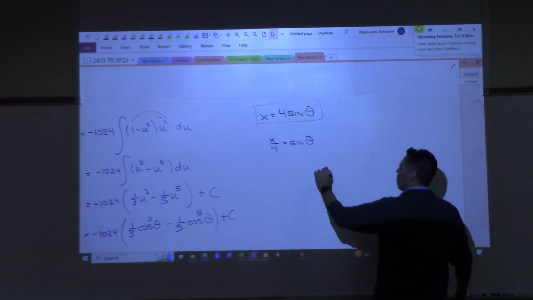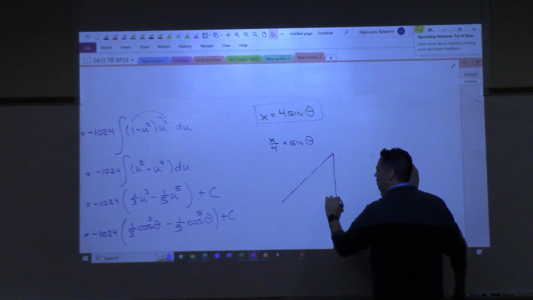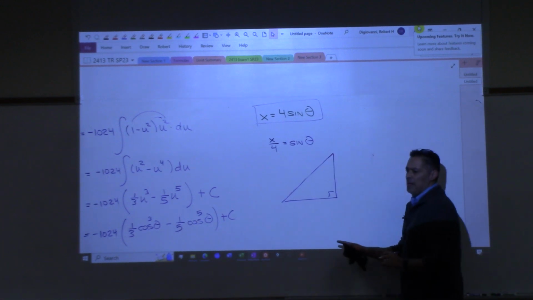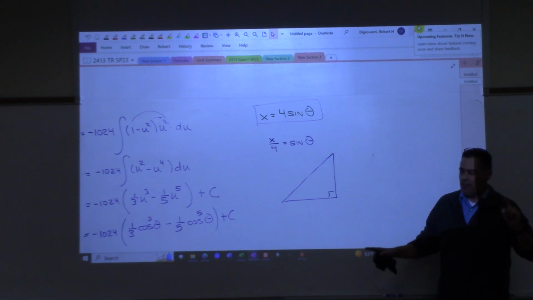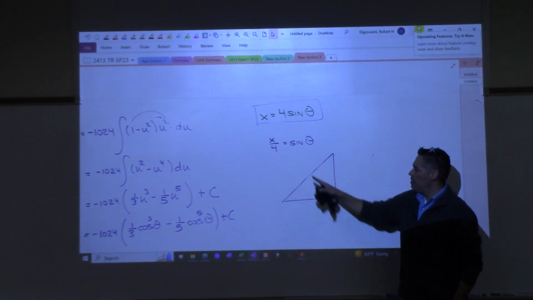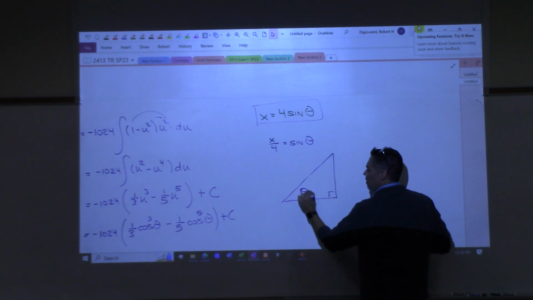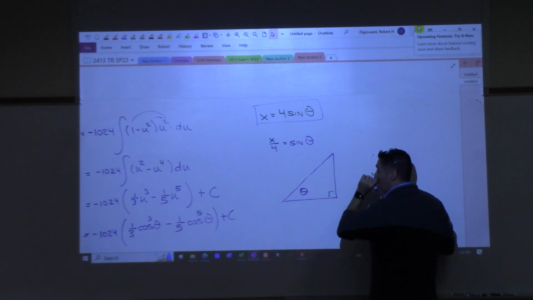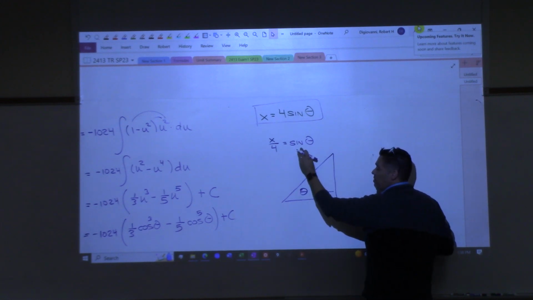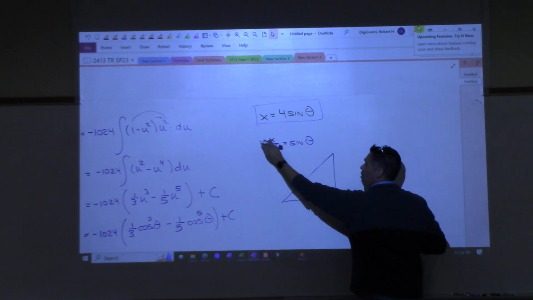And then I'm going to draw a reference triangle. It's a right triangle, and this right triangle is going to be a visual representation of that equation. So I'm going to put theta here as my angle. Sine, by definition, is which side over which side? Opposite over hypotenuse.